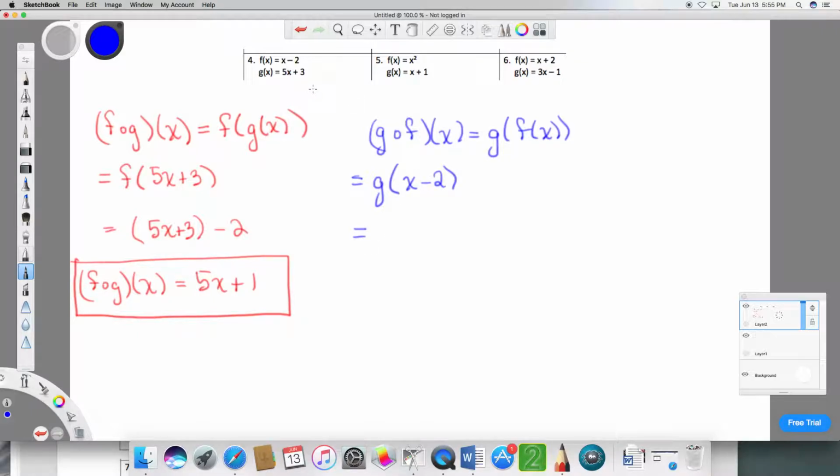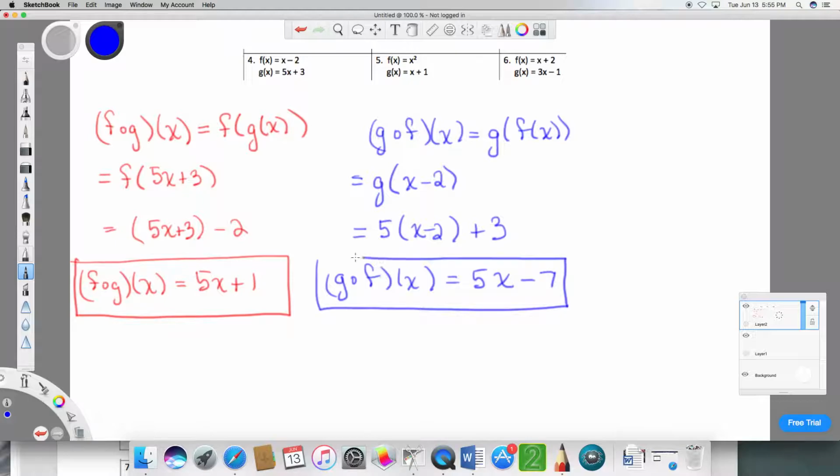G always creates an addition problem where the first term is 5 times the input and the second term is always 3. So we distribute, combine like terms, and we have our final answer. 5x minus 10, but a negative 10 plus 3 is minus 7. So there are our answers for number 4.